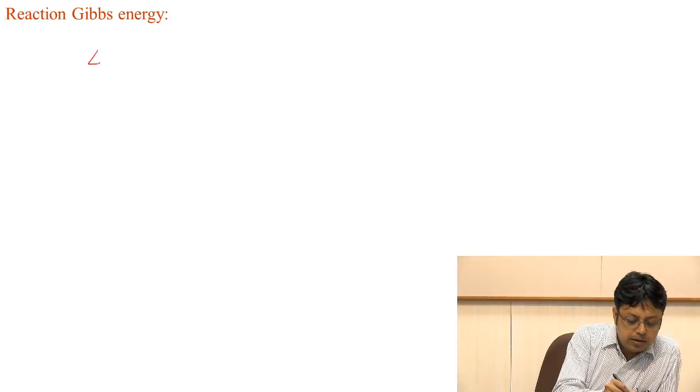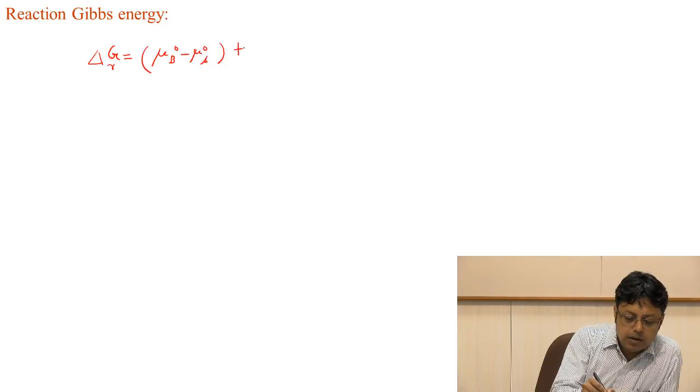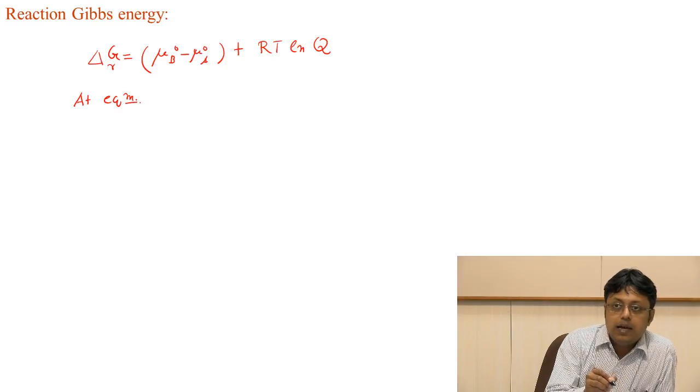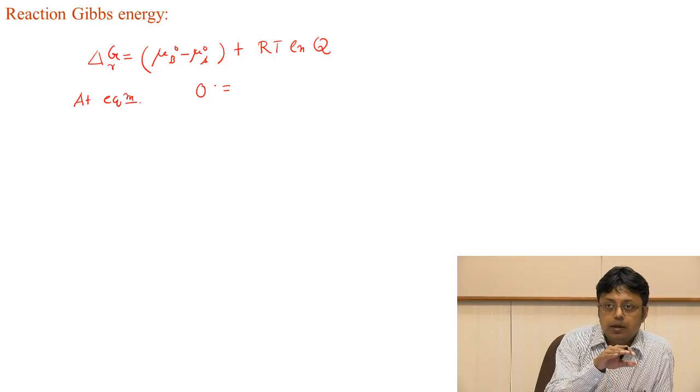What we found so far is that the reaction Gibbs free energy is given by mu B0 minus mu A0 plus RT ln Q. Now at equilibrium, we know that the reaction Gibbs free energy must be 0 because the slope of the del G del Xi curve was horizontal with respect to the x-axis.